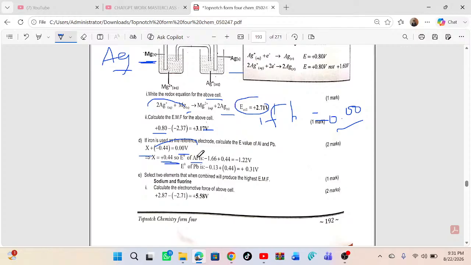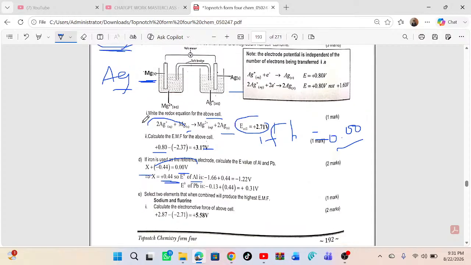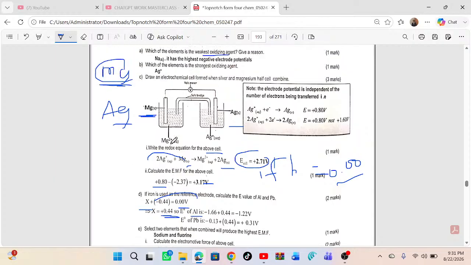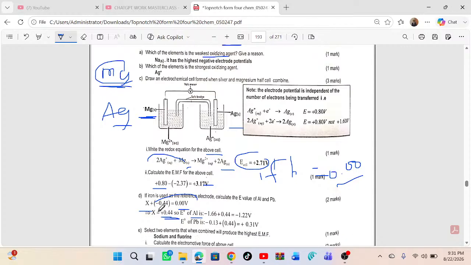Aluminum itakuwa, because any time that we calculate the EMF or the electrode potential or E value of a certain element, tulikuwa tunachukua the element then we added 0.00. So hakuna changes. For example, silver tuseme ni 0.8, sio? So tulikuwa tunafanya 0.8 plus 0.00 because this is a reference, then tunapata 0.8.